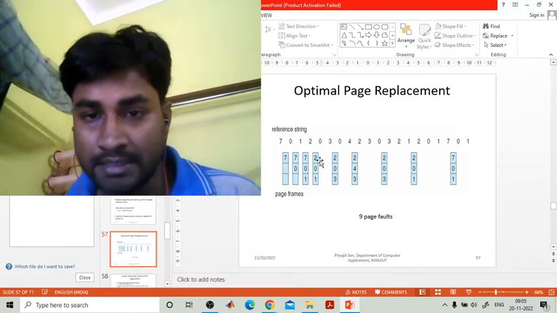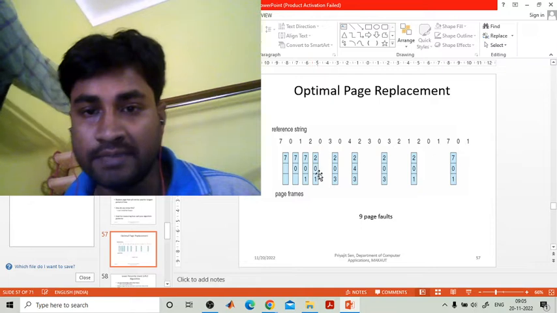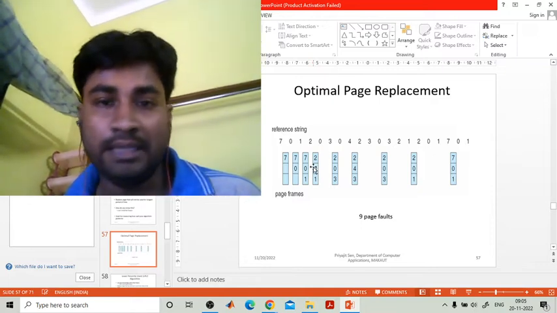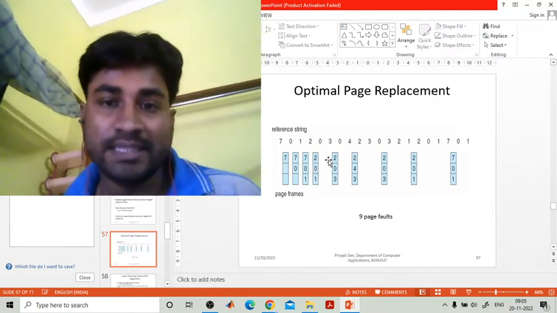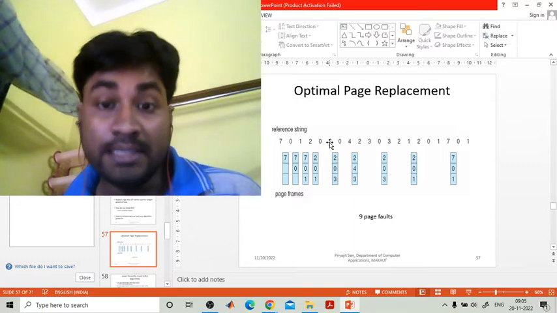Next, 0 is coming. 0 is a hit, 0 is found here, so it will not be a page fault. Next, 3 is coming.